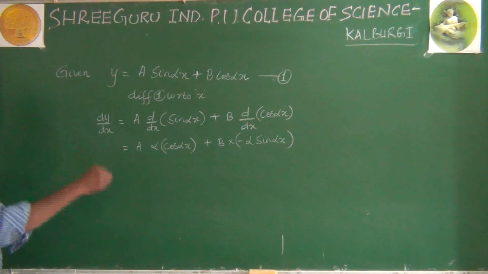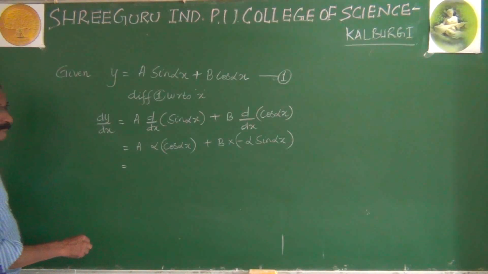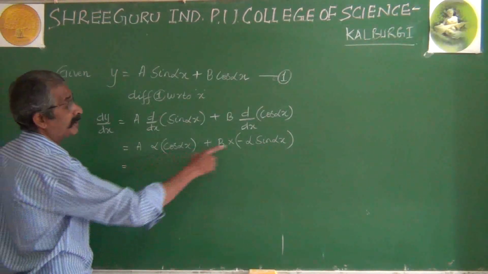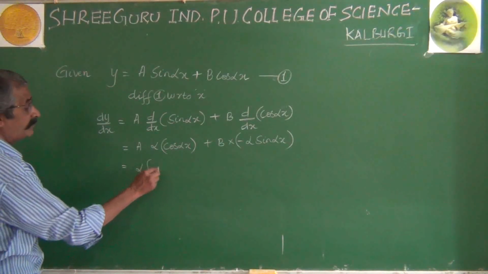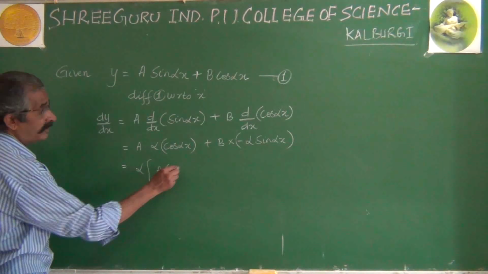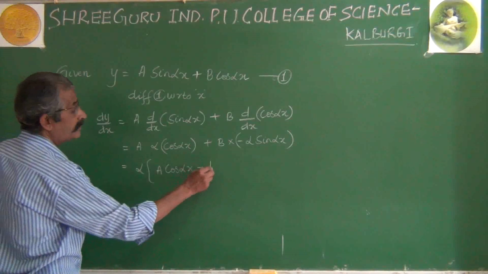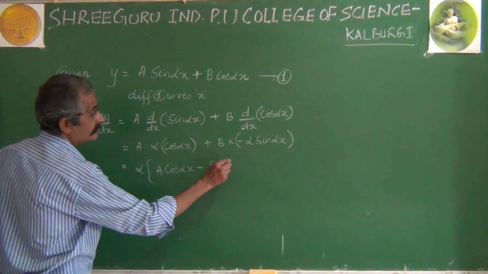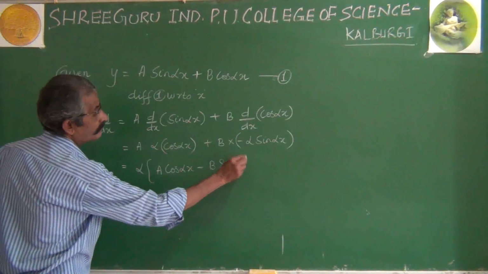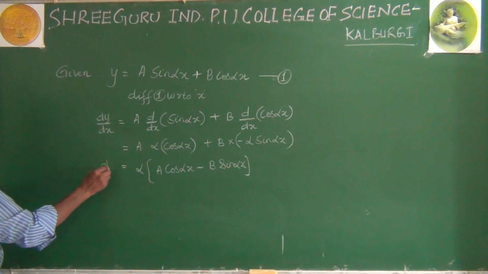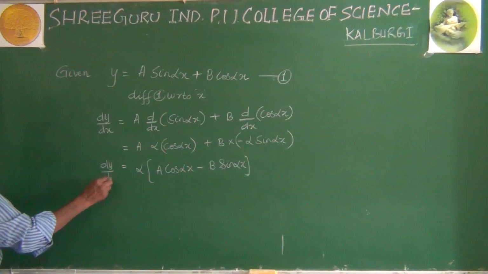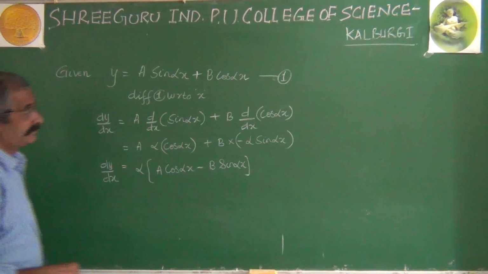Let's write it in a neat format. In the process of writing systematically, alpha can be taken as common. With alpha common, in the bracket what is left is a cos alpha x minus b sin alpha x. This is dy by dx, call it 2. This result we have to differentiate yet again.